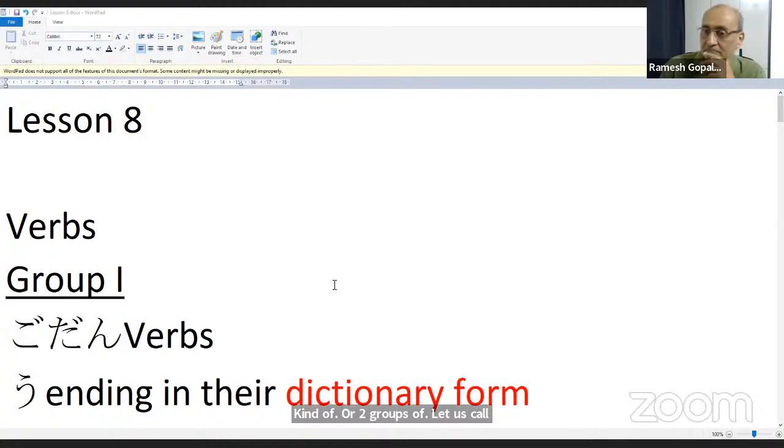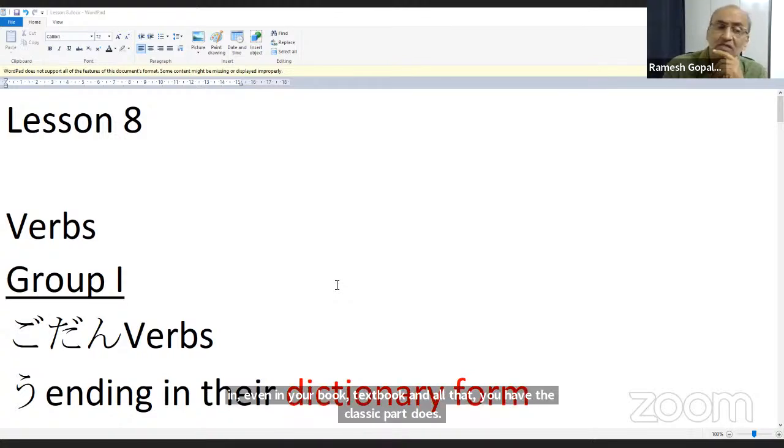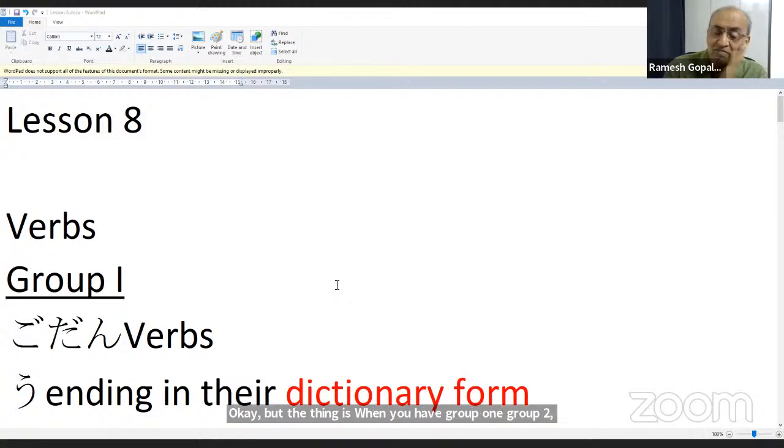Let us call them groups, not kinds. So even in your textbook and all that, you have them classified as group 1 verbs, group 2 verbs. But when you have group 1, group 2, it really doesn't tell you much. But most of the books have it as group 1, group 2.